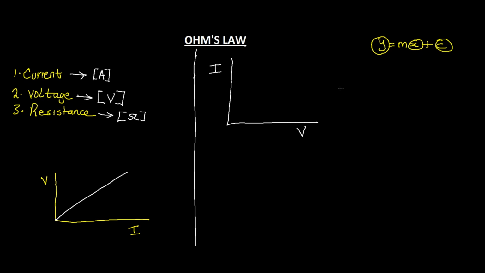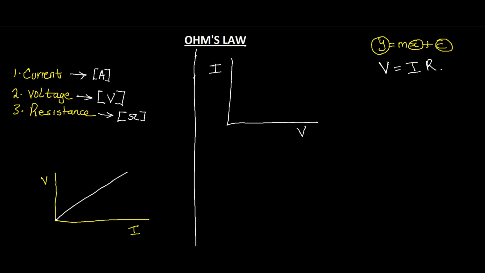Now we need to put our equation into this form. The Ohm's law equation is given by voltage is equal to current multiplied by the resistance. But now voltage is not on the y-axis, right? Voltage is actually on the x-axis, this one.